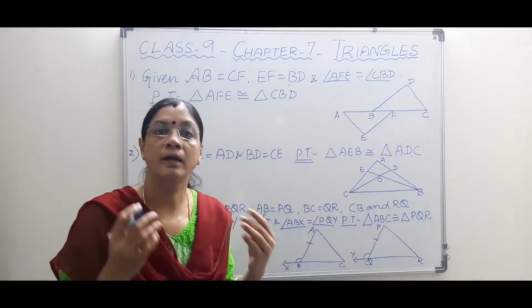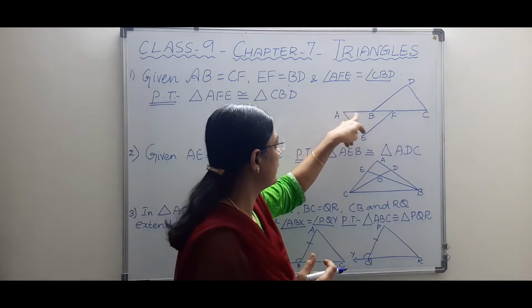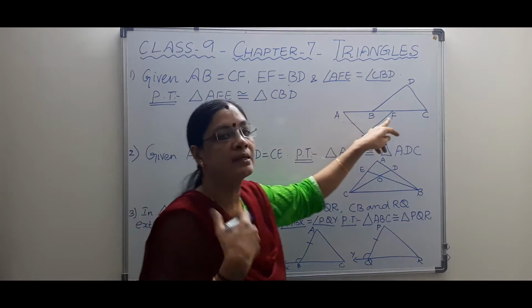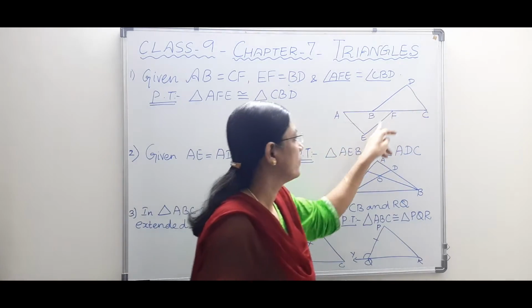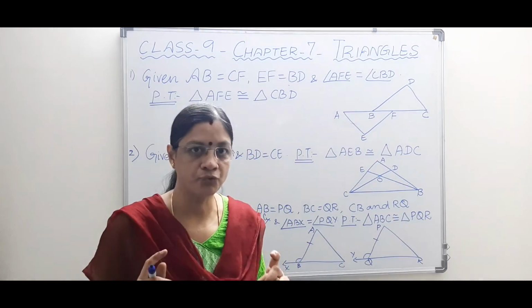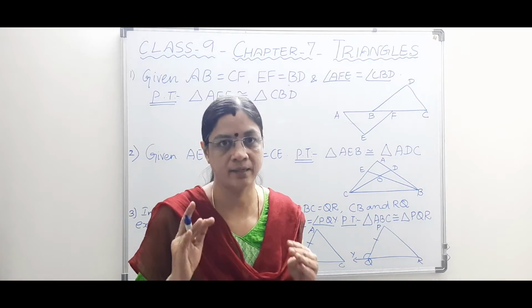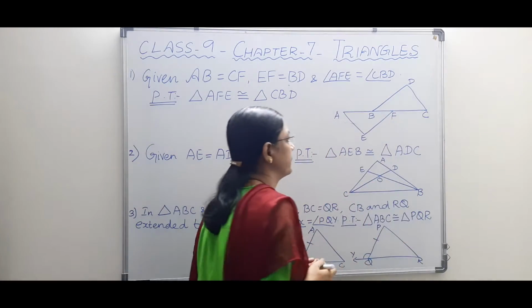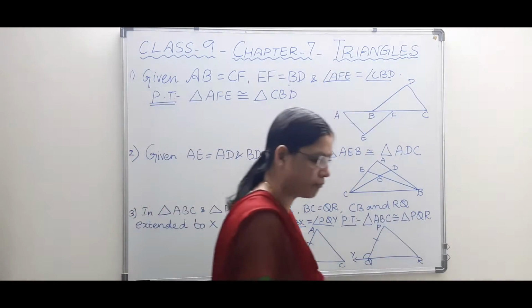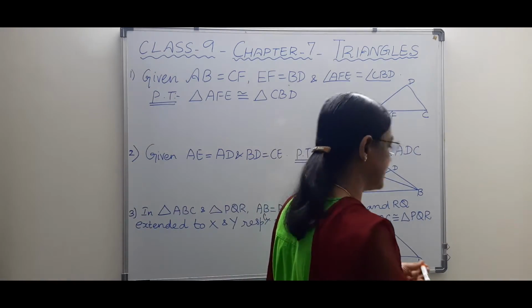Both are corresponding sides of the two triangles, so they have to be equal. So the first corresponding side we have identified is AF and BC. Now how do we bring AF and BC to be equal?